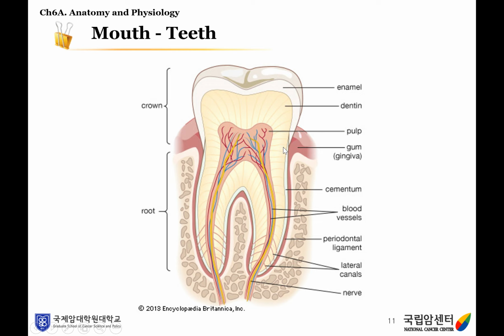Surrounding the teeth there is a gum, which is also called the gingiva, and there is cementum in the deep side of the root. Also, in the teeth there are many blood vessels and nerves.